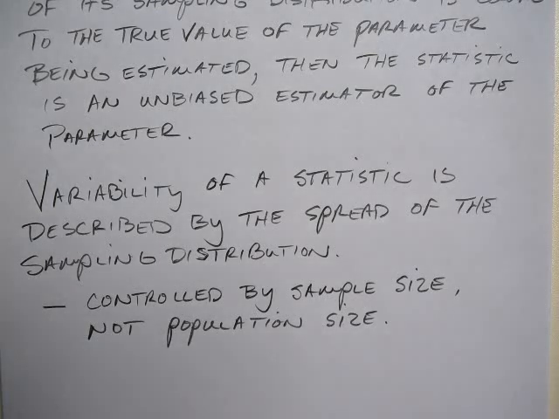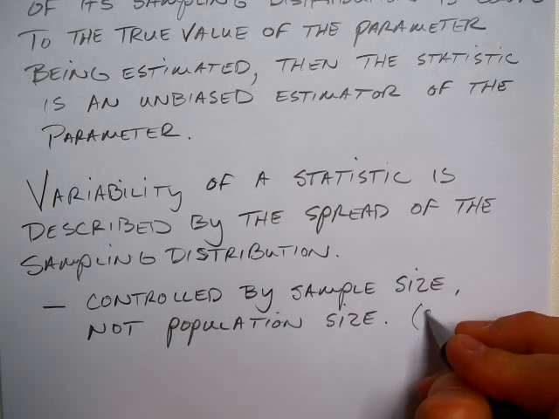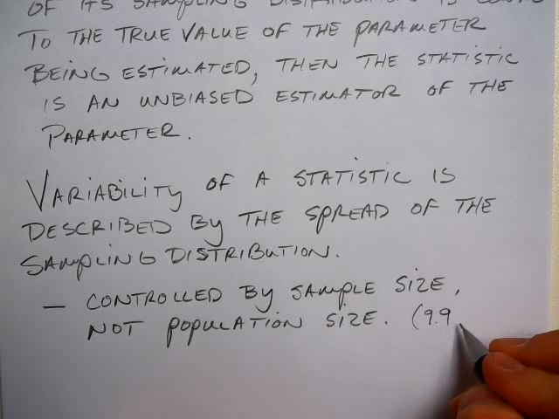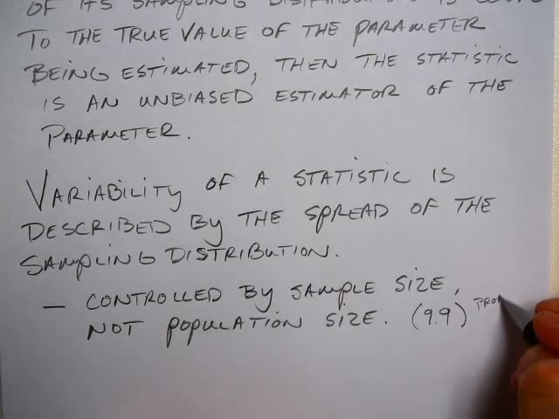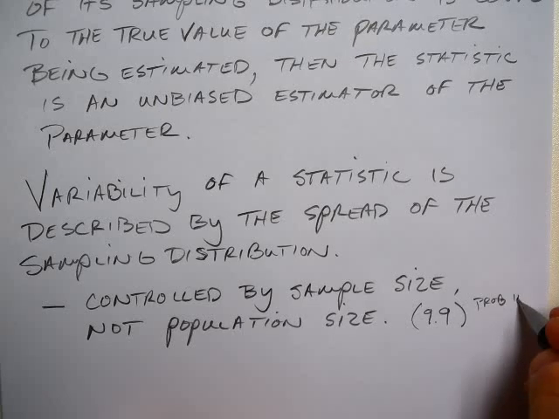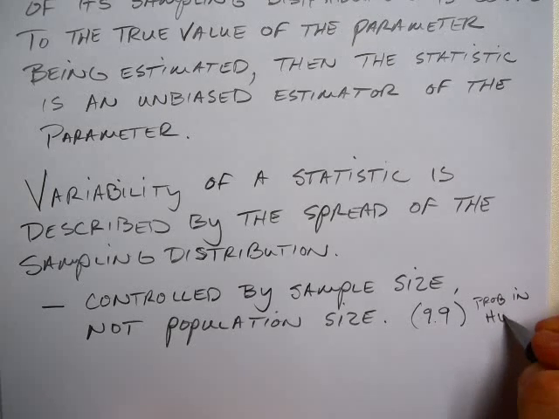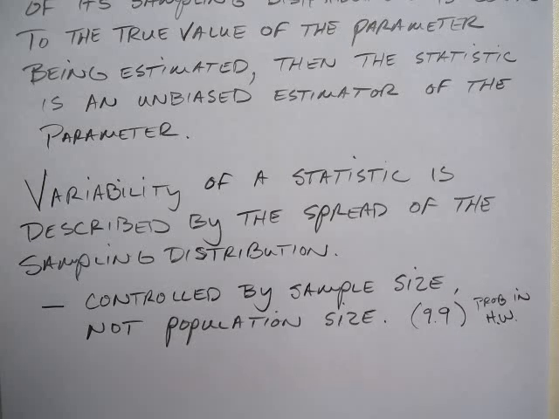I have a note here too that problem 9.9 in homework deals with this. We'll have to keep an eye out for that. And we ran across a problem a while ago. Now I can't remember if it was a problem from the textbook or a test.